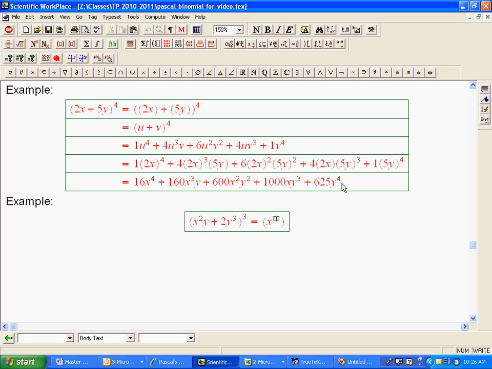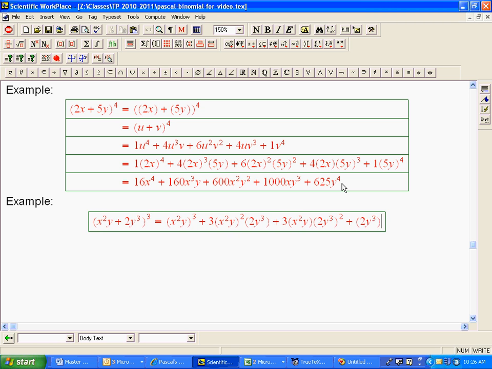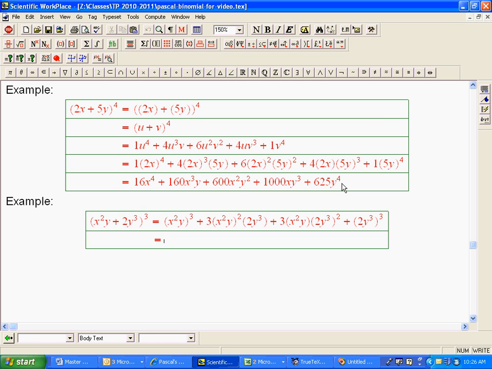It's just going to be whatever you see first, the first part of the binomial, cubed, plus 3 times whatever that was, squared, times whatever the second thing was, not squared, plus 3 times x squared y times (2y cubed) squared, plus (2y cubed) all cubed. And then you just expand it out.